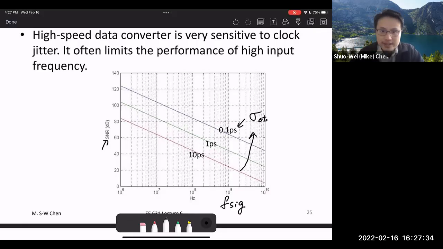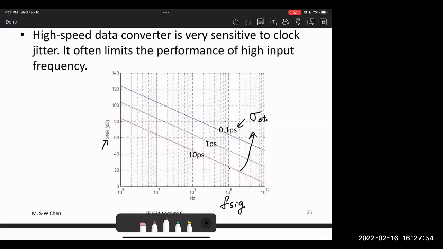All right, so that's one thing that we learn. Every time, if I fix the same signal frequency and improve the clock jitter by 10 times, how much improvement in the SNR should I expect? The same 20 dB, right?